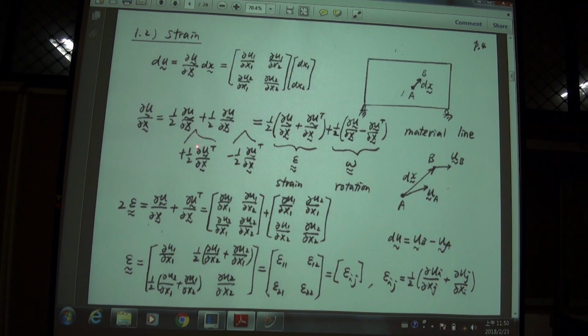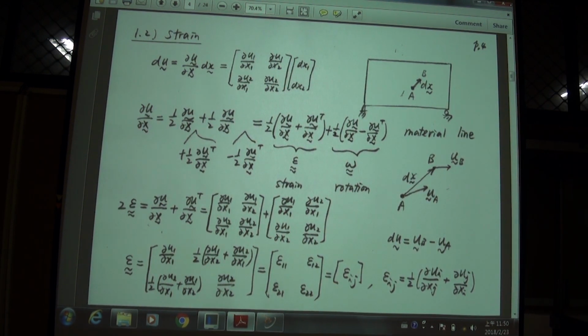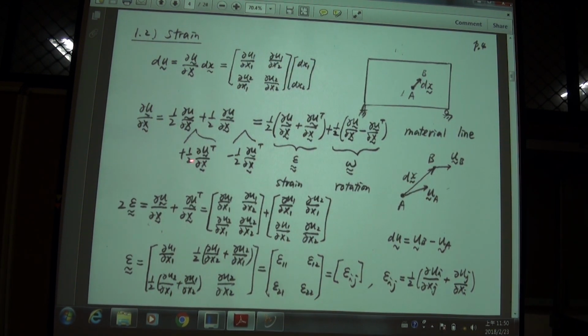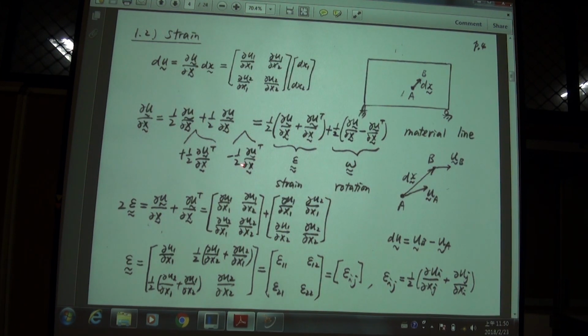And then we add one extra term here, 1/2 partial u partial x transpose. And then after this, we subtract the same term, because we cannot modify the expression by a non-zero value. So we add one term and then subtract the same term, such that we are adding 0 here. The equality won't change.